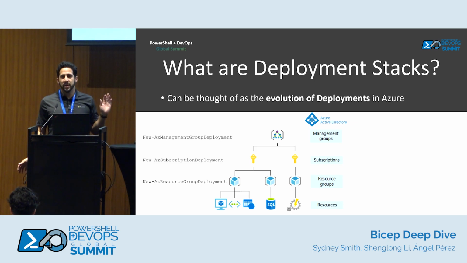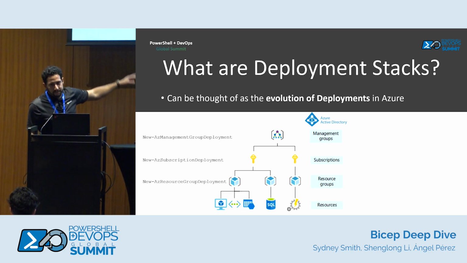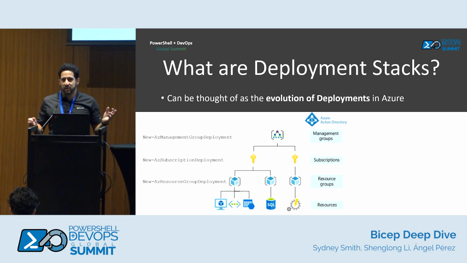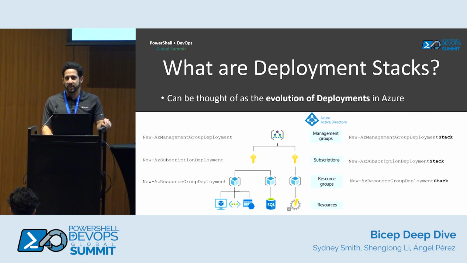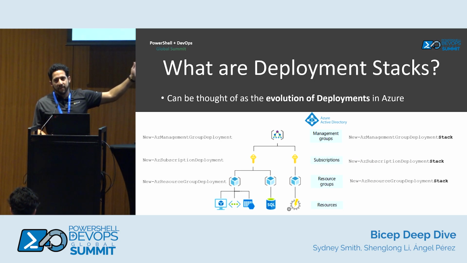And today you're all familiar with the deployment commandlets that exist, like new AZ resource group deployment. So deployment stacks was built to be seen as the evolution of that already familiar deployment commandlet. So essentially we have the same set with stack at the end.